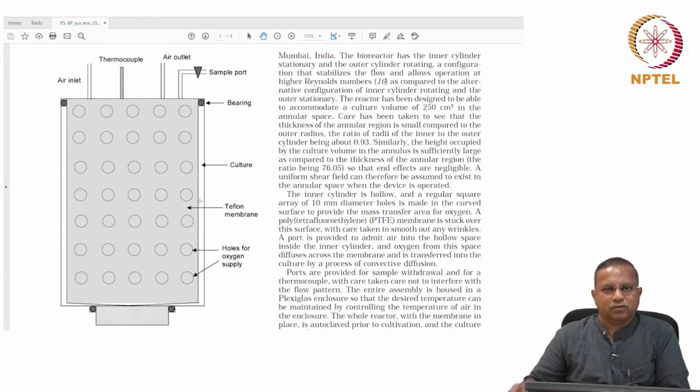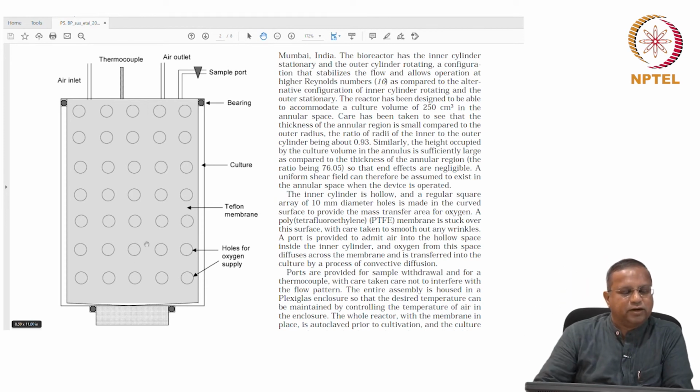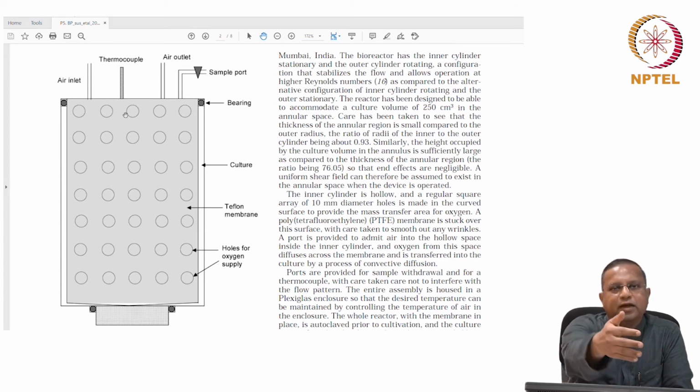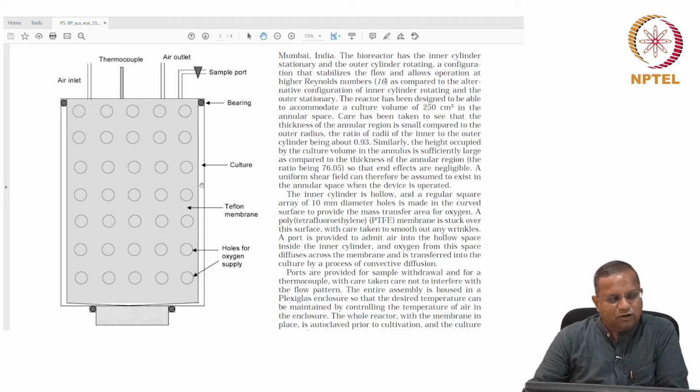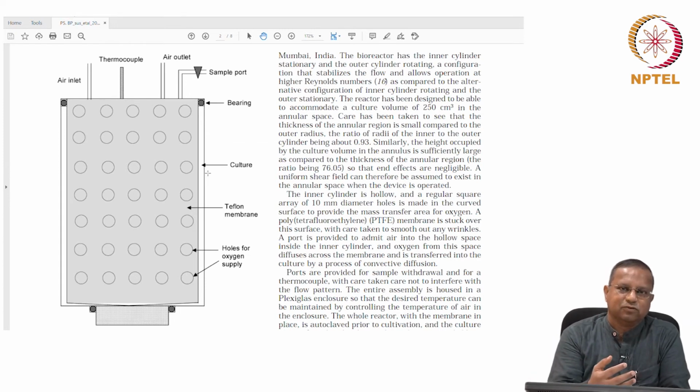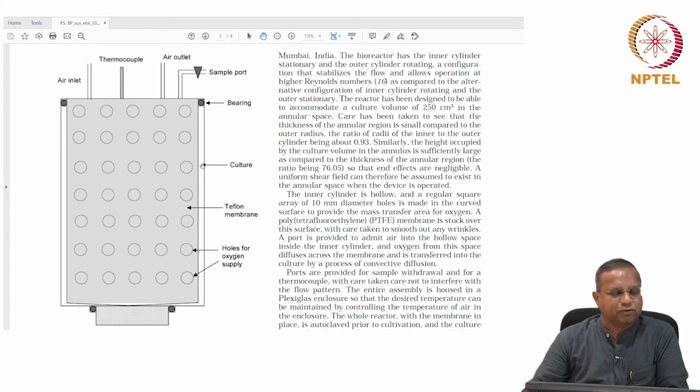So, the oxygen that is provided here will pass through these holes, that is not a problem, pass through the membrane that is covering the holes and get into the annular space where the cells are grown, and thereby it supplies oxygen continuously to these cells. And then we had to characterize it. We found that it can provide oxygen to the levels required by the cells, and then we had to adjust the cell concentrations and so on.